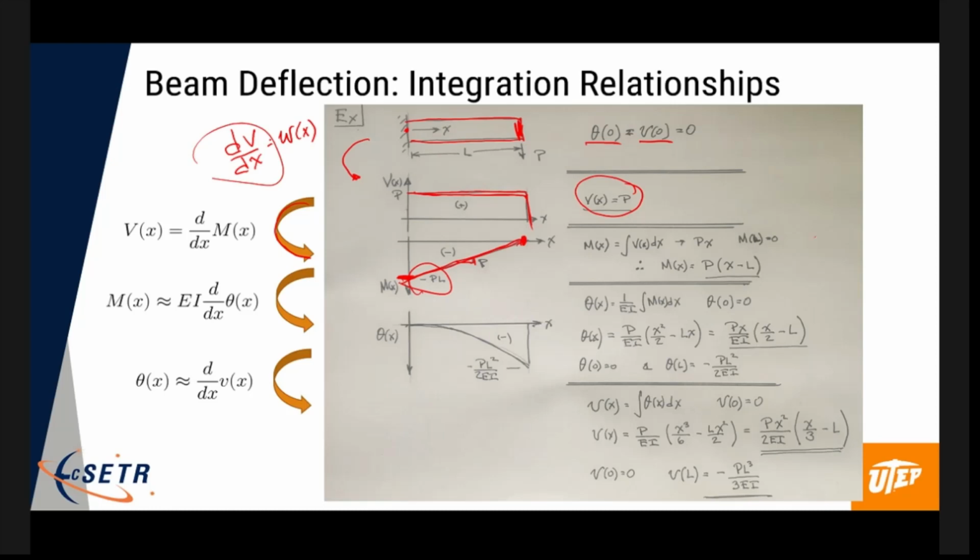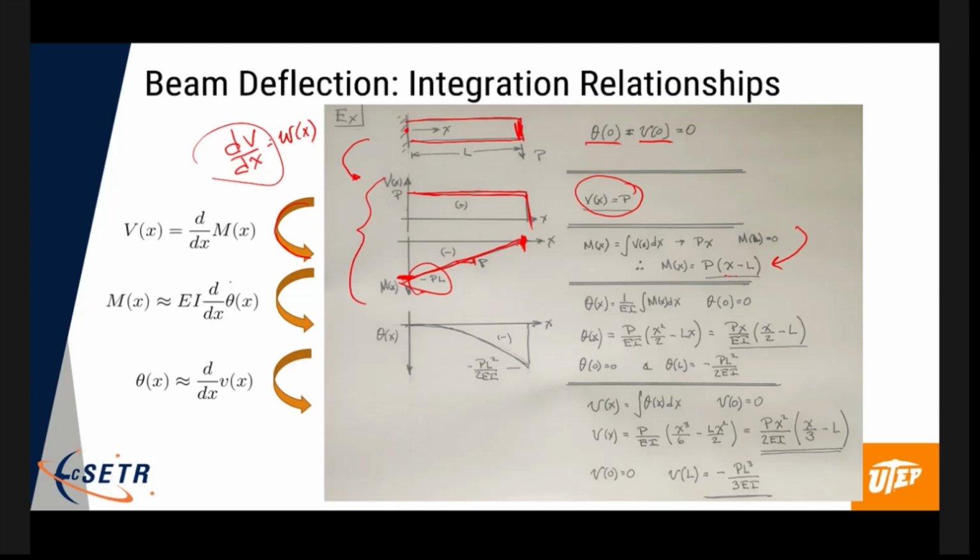So we can either formally integrate it, or you can see it from this plot, that the moment curve is just P times X minus L, right? So if we use X equal to L, we get 0 here, or if we put in X equal to 0, we get minus PL, okay? Again, this is exactly what we did in chapter 6.